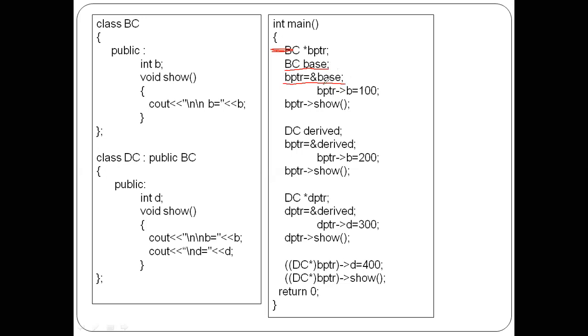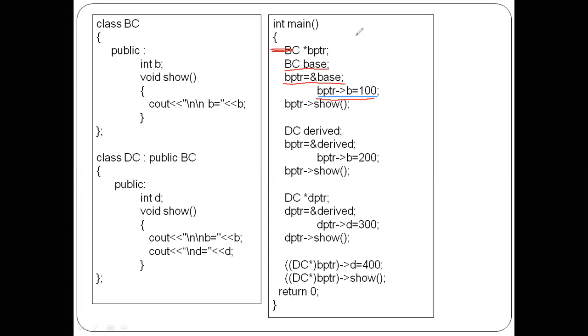So here in this case we have considered the object of the base class. When the compiler is going to compile this particular line, base pointer points to b variable is equal to 100.